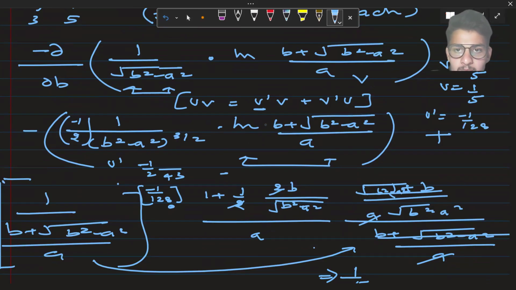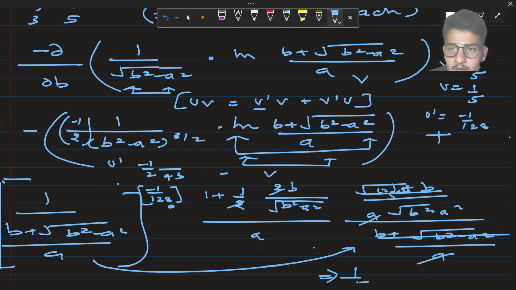And what will be the answer of v then? Simply the ln value will be the answer of v. So when you do this, 5 plus 4 divided by 3 is 3, ln 3.